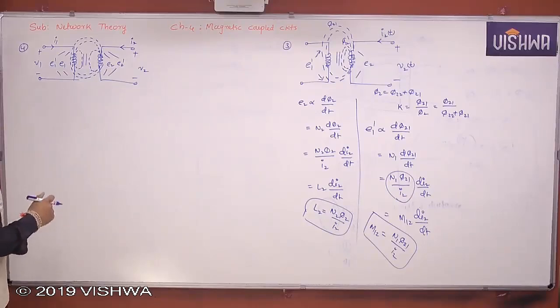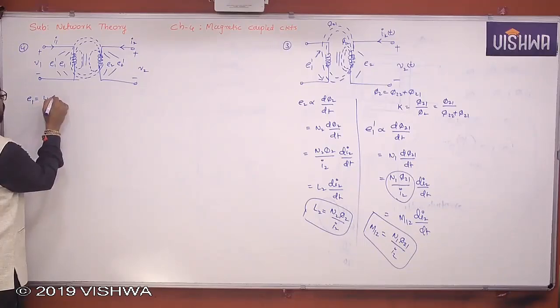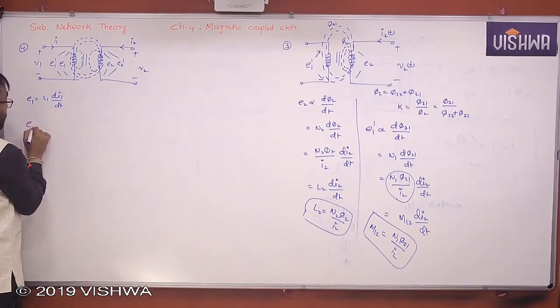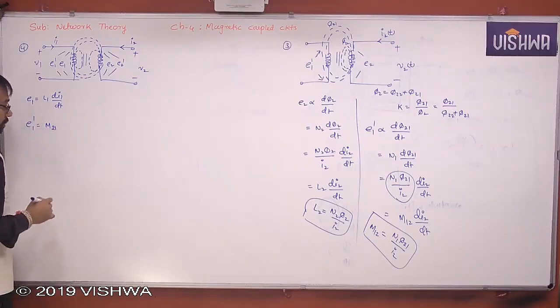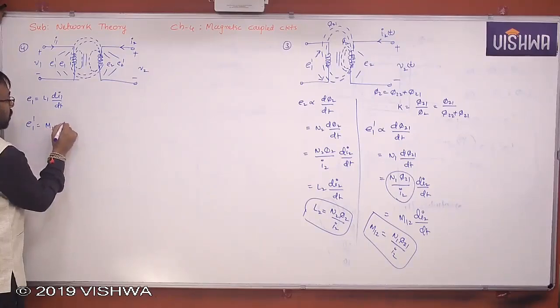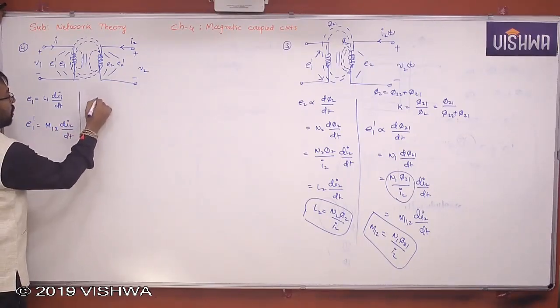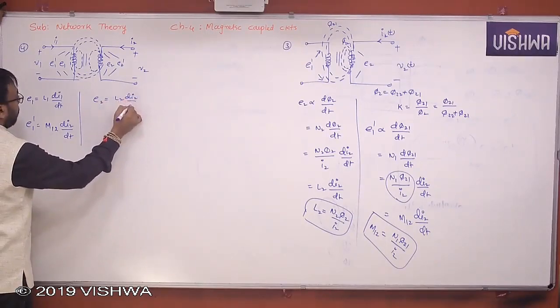Now I told you already the total EMF here. So E1 is what? L1 di1 by dt. And what is E1 dash? M21, yeah, M12, right? So M12 di2 by dt. What is E2? L2 di2 by dt.